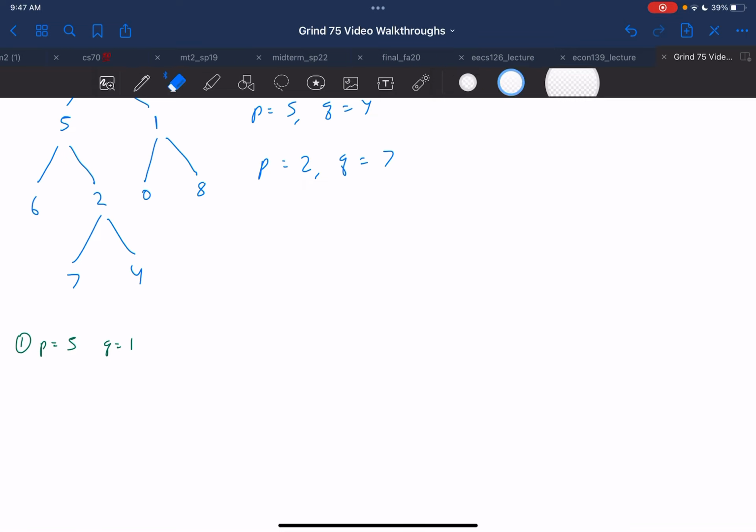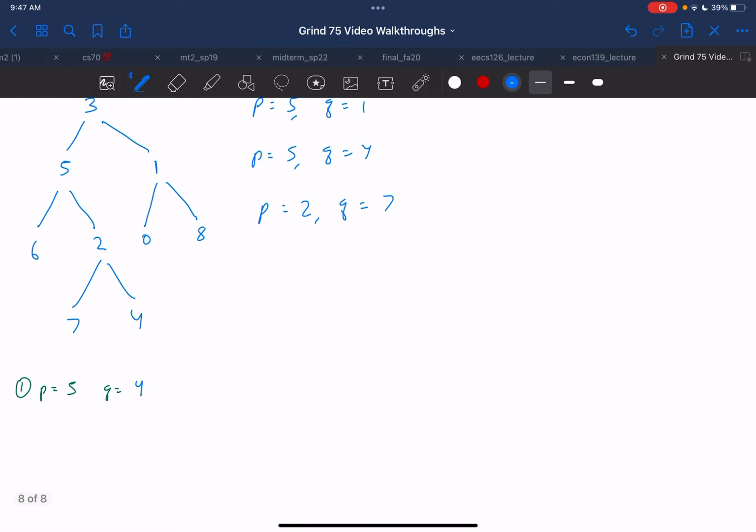Now if P is 5 and Q is 4, we start the same process. Start at 3, go to 5, and we see that 5 is equal to P, and we return 5.